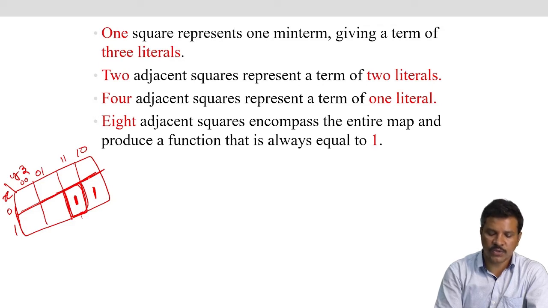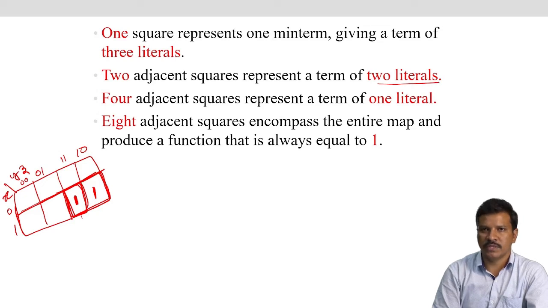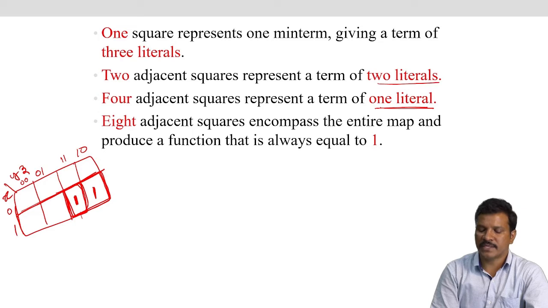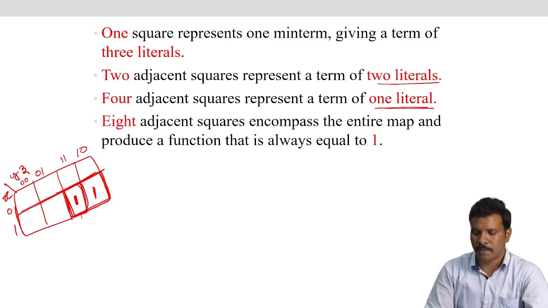So whenever these two are adjacent in the square boxes, we will have minimized those 3 variables into 2 variables. And 4 adjacent squares represent a term of 1 literal. We can minimize these 3 variables with 4 adjacent 1s into 1 literal. And 8 adjacent squares encompass the entire map and produce a function that is always equal to 1.